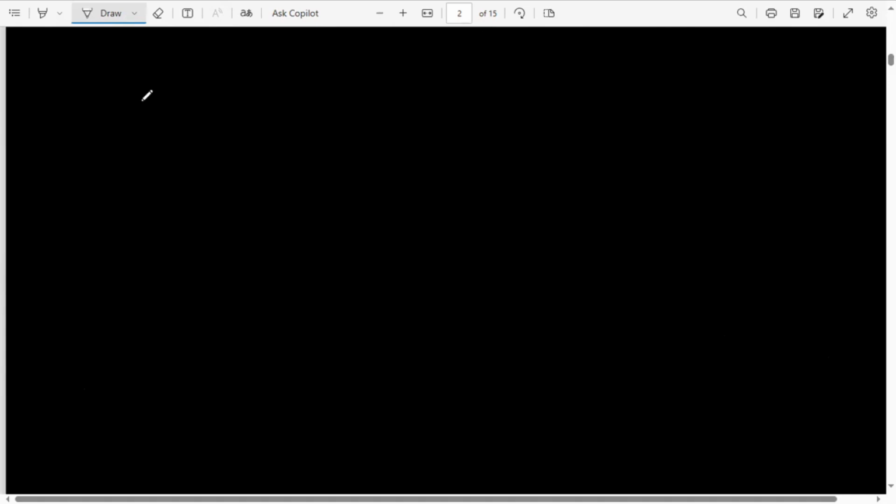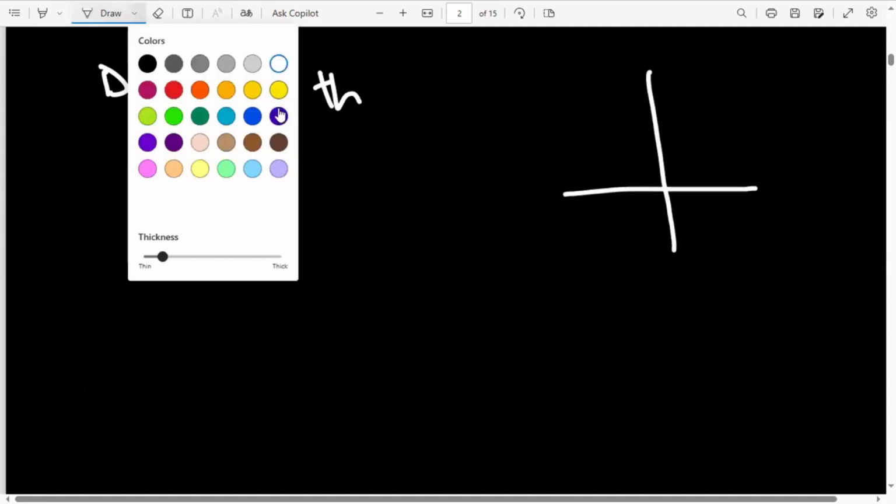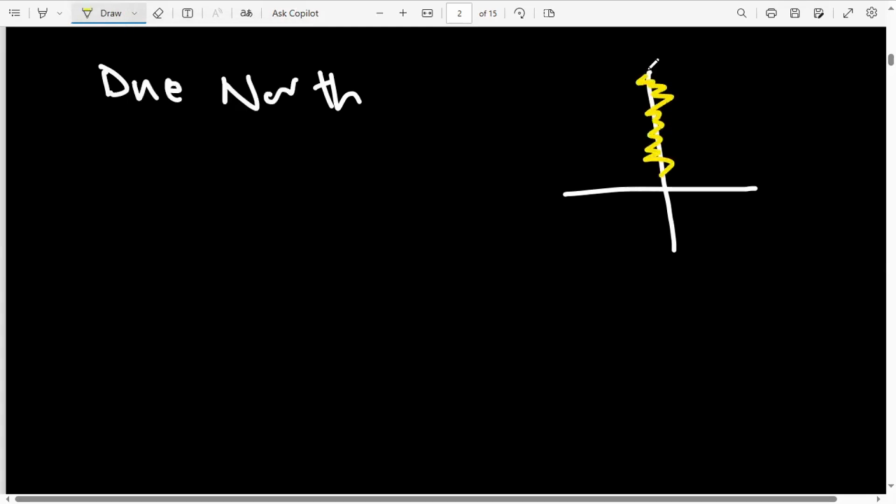If they say due north, they mean that vector is at 90 degrees. If I have my x-y plane like this, my vector starting from the origin is going at 90 degrees. This one I'm drawing in yellow is at 90 degrees. That would be due north. So due north means 90 degrees.